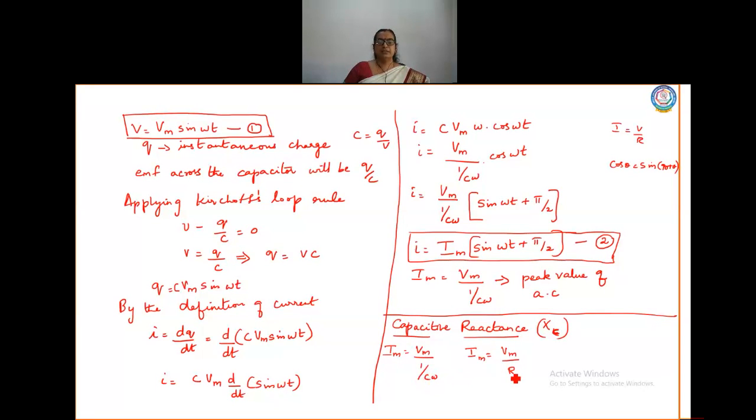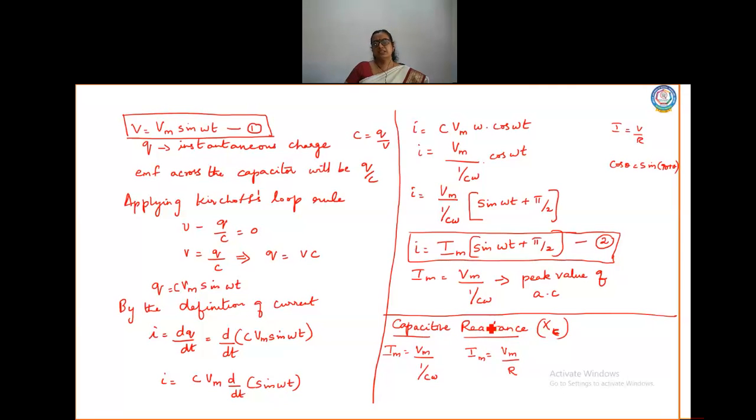Look at the value here: in one case the resistance is R, here you have 1 by C omega. This 1 by C omega plays the same role as the resistance, so you call it capacitive reactance.